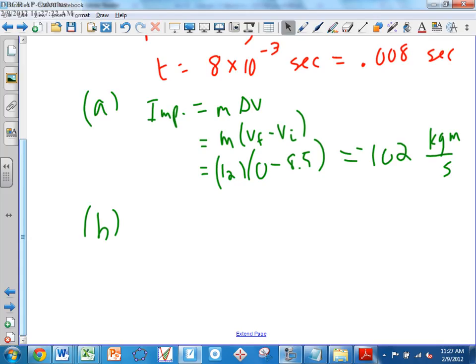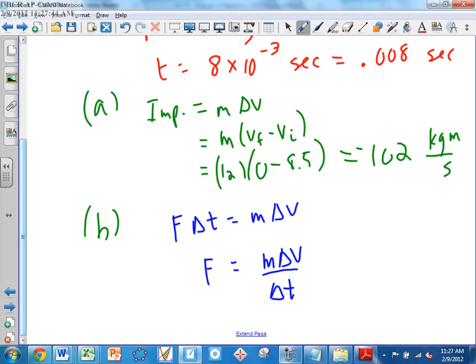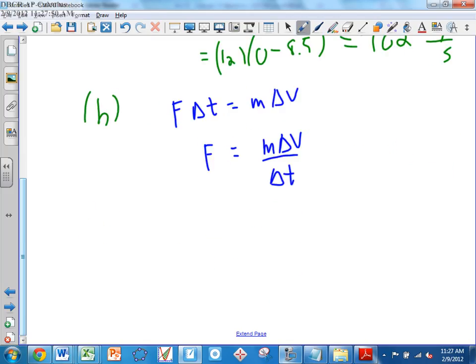Did anybody else get a negative? Force, hold up one: negative 12,750. Again, we're trying to figure out what the force is here. We're trying to find the force, so solve for F, please. You said 12,750?